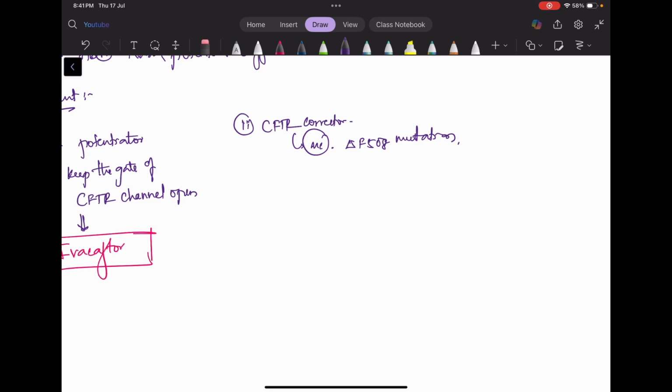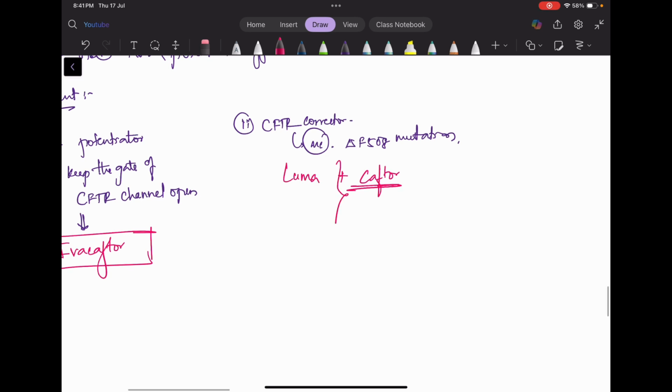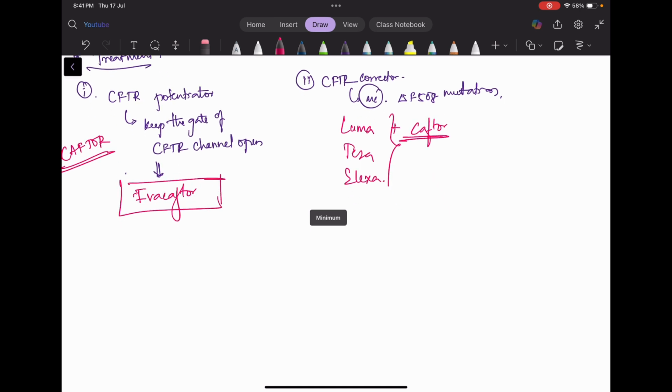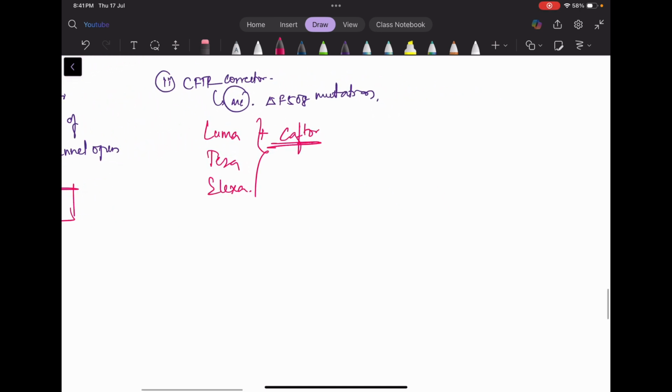If you all use caftor most commonly, we need to add something in front of that, right? It's lumacaftor, tezacaftor, or elexacaftor, right?